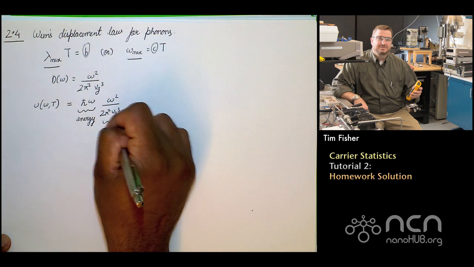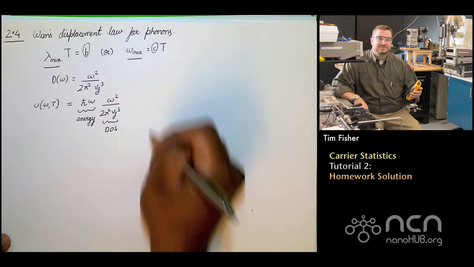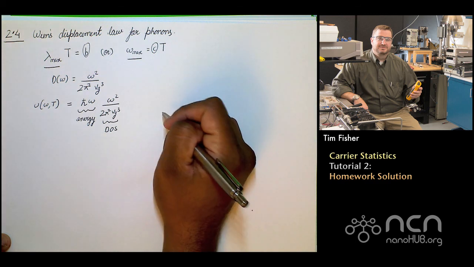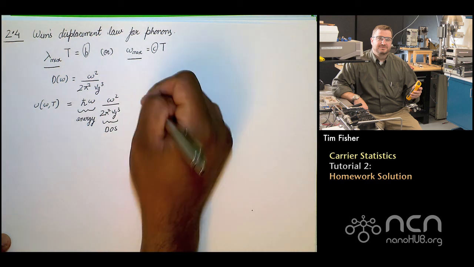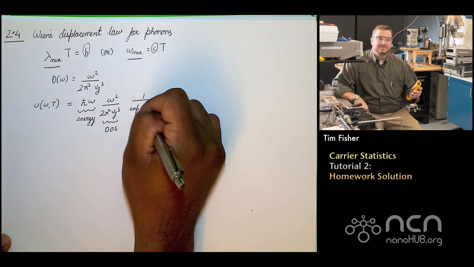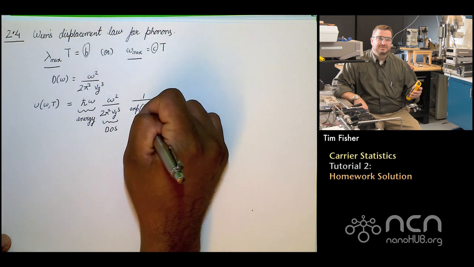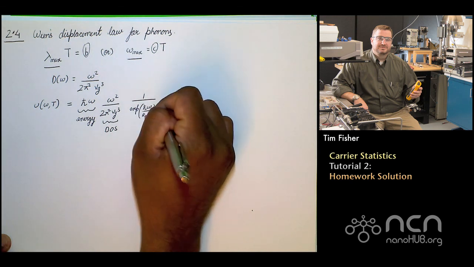So this is the density of states, and this is multiplied by the occupation number for phonons, which follows a Bose-Einstein distribution. So this will be 1 upon exponential of h bar omega upon kBT minus 1.